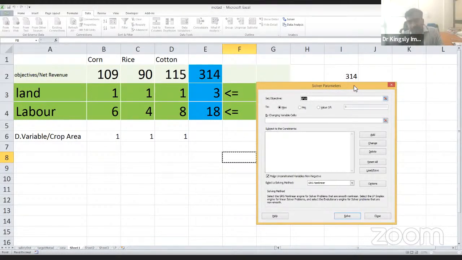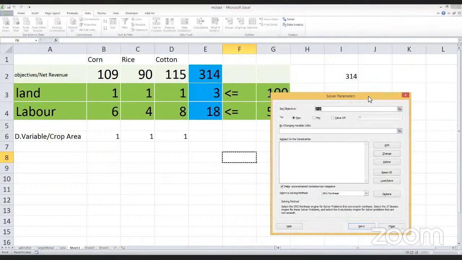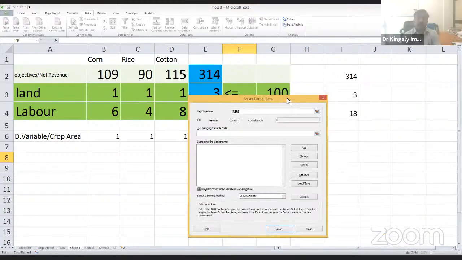Thank you. So you see the solver window. What variables are available? One is set objective. The next row talks about whether you are maximizing, minimizing, or equating the value of something. Another tag, space, is by changing variable cell. Then come the constraints.